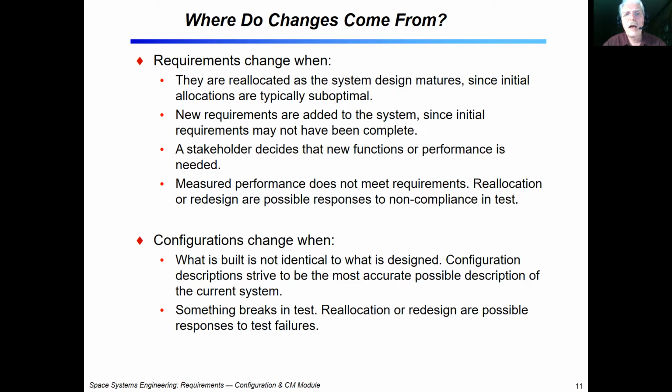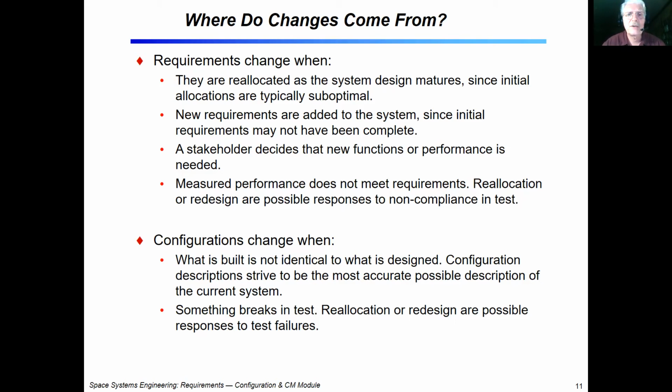So how is it that these changes occur? Well, you may be reallocating things as your design matures. It could be the result of development, as we talked about, where you're testing a variety of different sensors or circuits. You may have new requirements that it didn't occur to you earlier that you need to define.